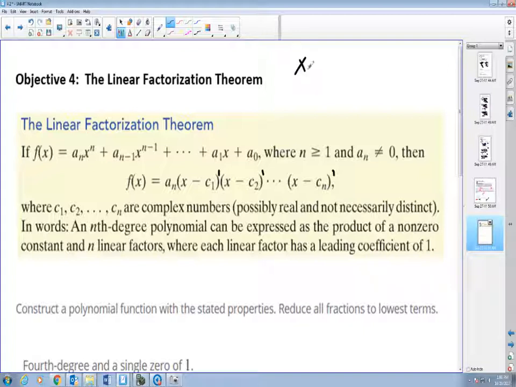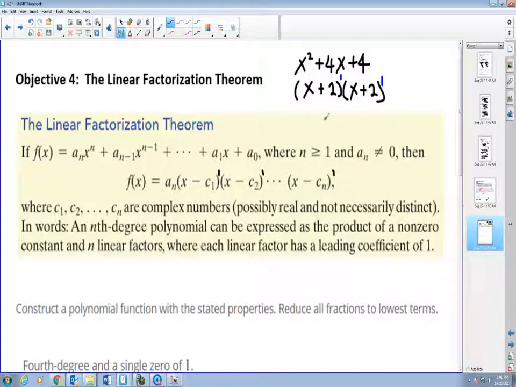For example, if I have the polynomial function x squared plus 4x plus 4, if I factor this polynomial, I get x plus 2 times x plus 2. If you look at it, all the exponents on the outside of the parentheses are 1, so I can write them as linear factors. Every polynomial can be written as linear factors. Maybe they are not factorable, but you can still write them as linear factors.